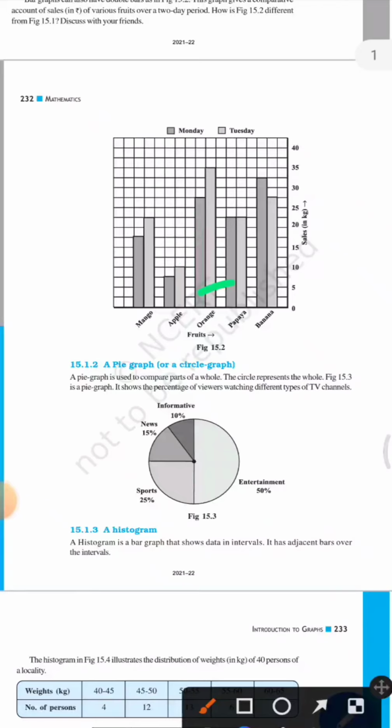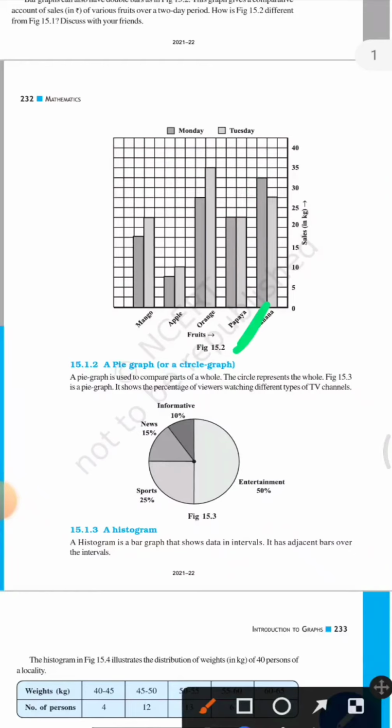And in the data of orange you can see on Monday it was 27.5, and on Tuesday it was 35. Again in the data of papaya you can see both the bars have the same height. On Monday and Tuesday, both days, the selling of papaya was constant, that means it was the same selling of papaya on both days.